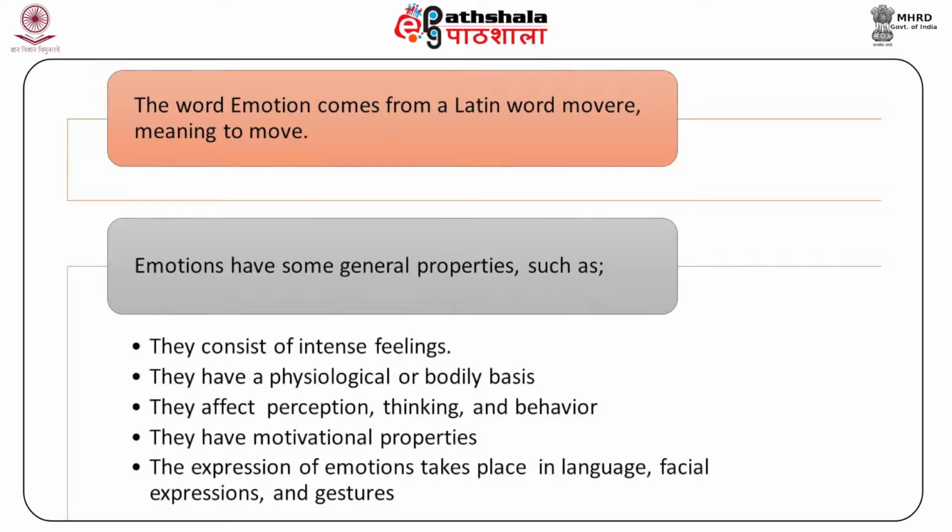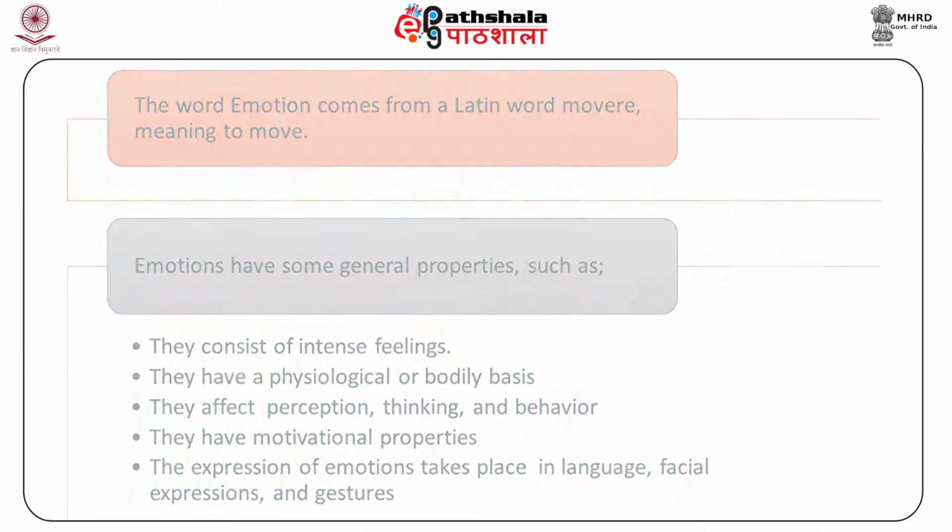Emotions have some general properties such as they consist of intense feelings, they have a physiological or biological basis, they affect perception, thinking and behavior, they have motivational properties, and the expression of emotion takes place in language, facial expressions and gestures.